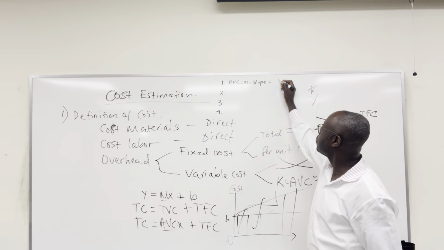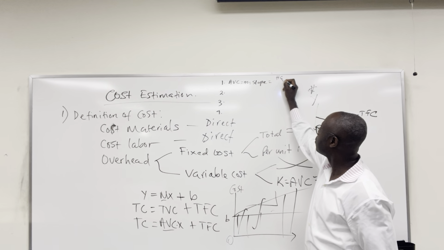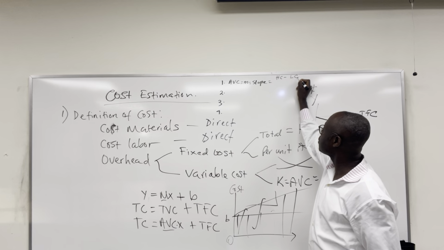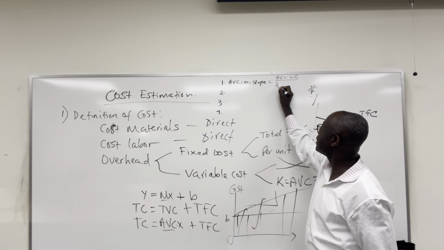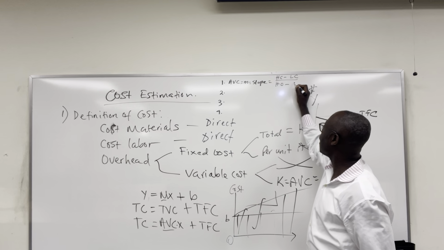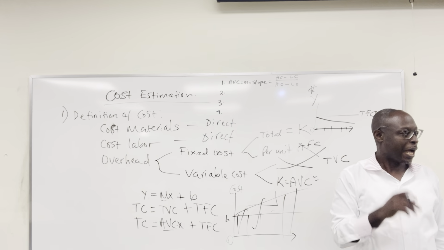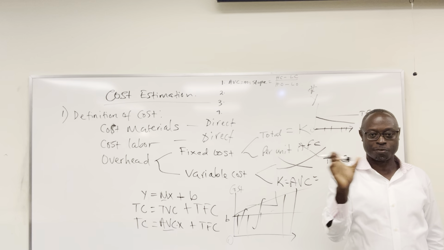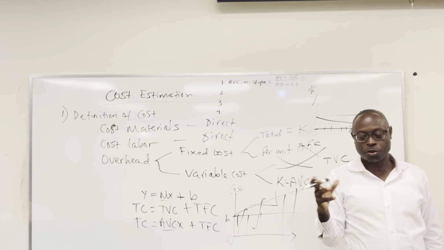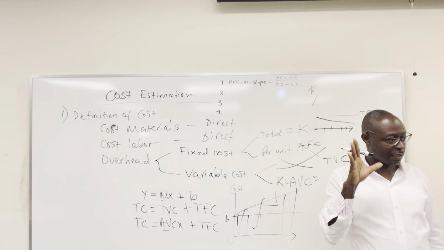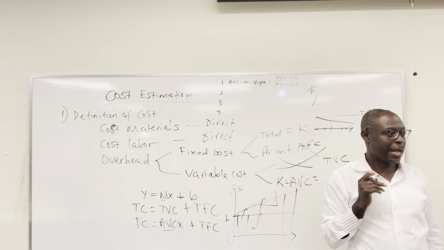We are going to say our highest cost minus our lowest cost divided by our highest output minus our lowest output. Take the highs, subtract them. Take the lows, subtract them, divide the dollars by the units, and that will give you the answer.